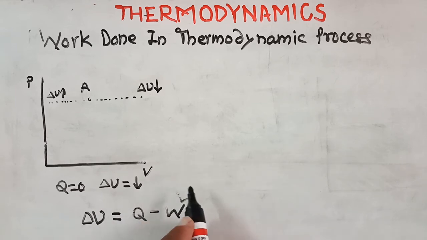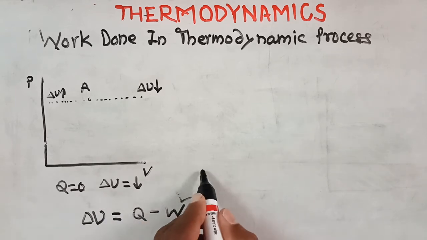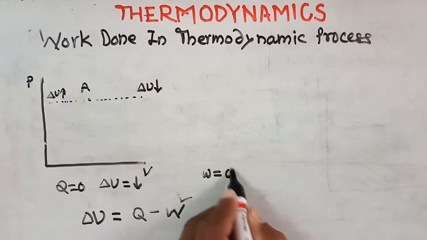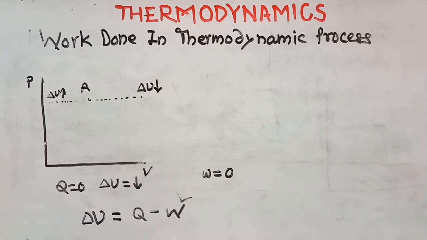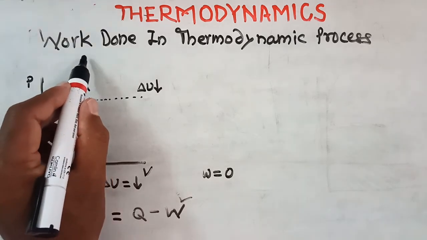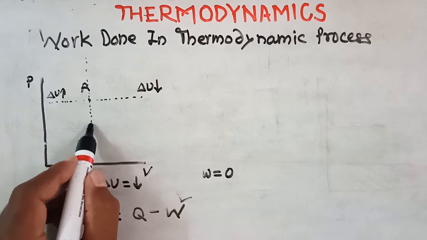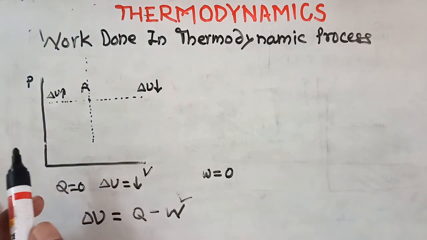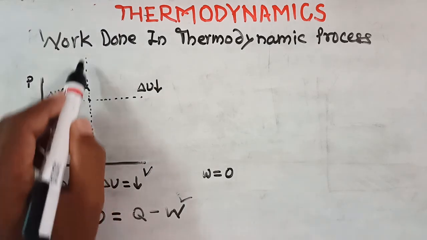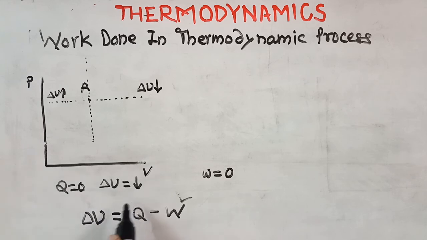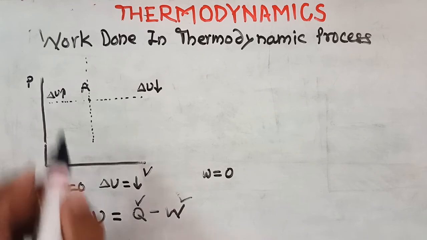Now let us see the second case. Suppose the work done W is equal to 0. W equal to 0 means there is no change in volume. In this direction the volume is constant, so the work done is 0. And if we increase the pressure, then Q goes on increasing, and when Q goes on increasing, the internal energy goes on increasing.